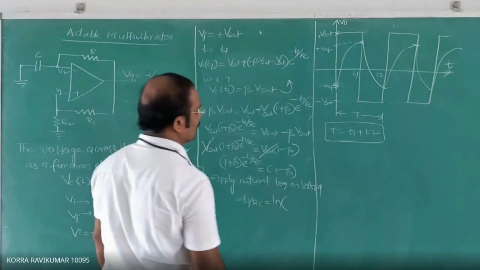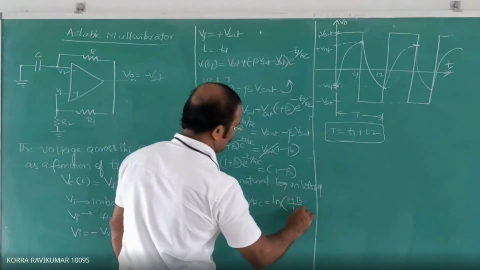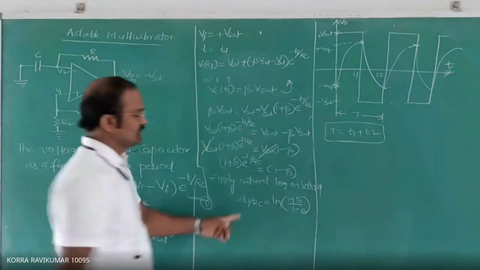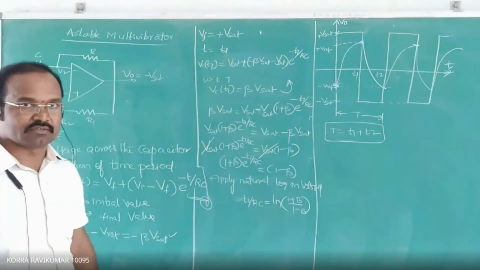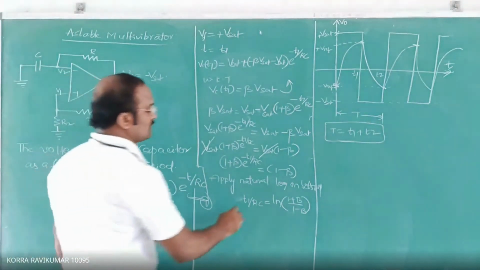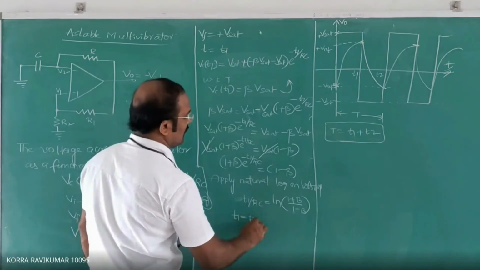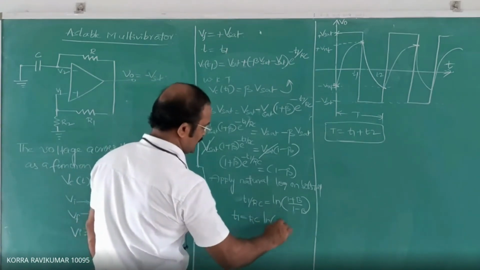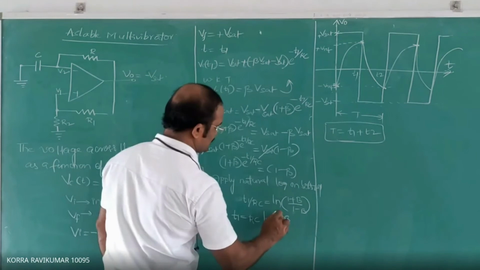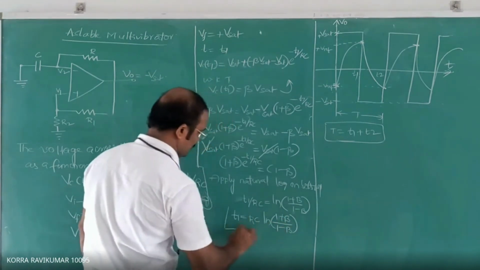T1 by RC is equal to natural logarithm of 1 plus beta by 1 minus beta. Just simplify it directly, that's it. Then T1 is equal to RC into natural logarithm of 1 plus beta divided by 1 minus beta.